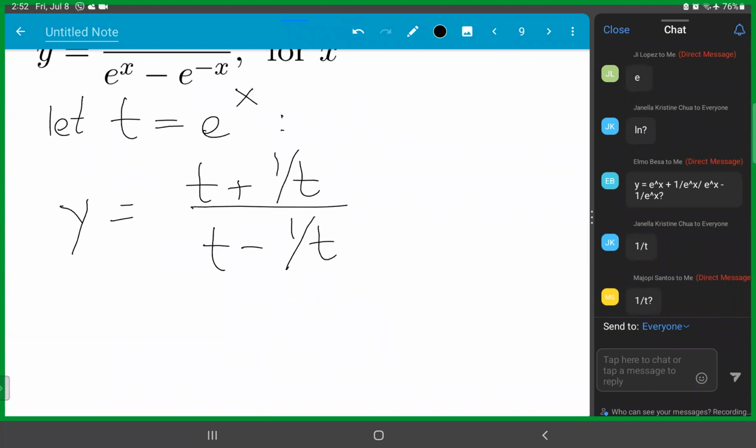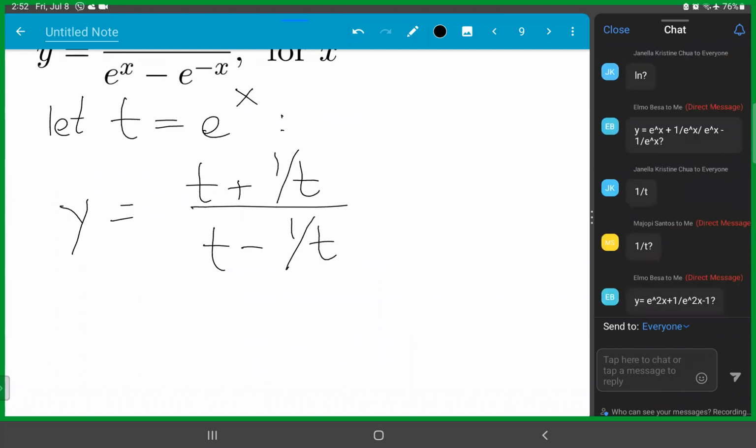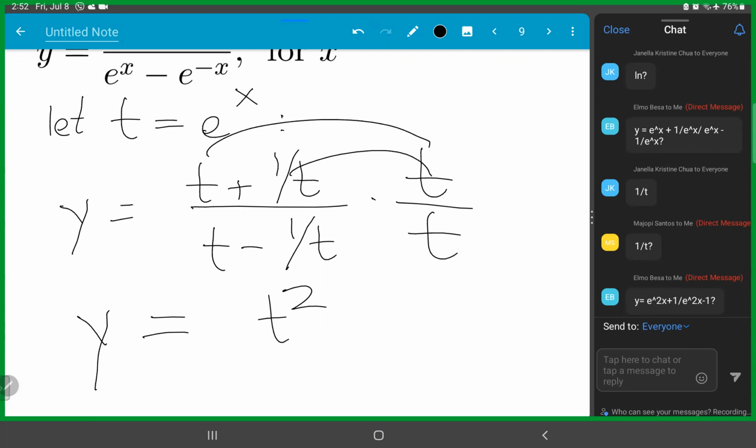And since this one looks algebraic now, and you have a fraction, you can use the LCD. Multiply by t over t, usually so there's no fraction. The LCD removes the fraction inside the fraction. t squared plus 1, then t squared minus 1.